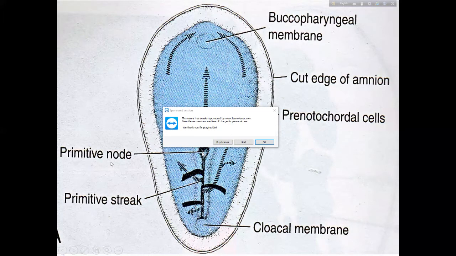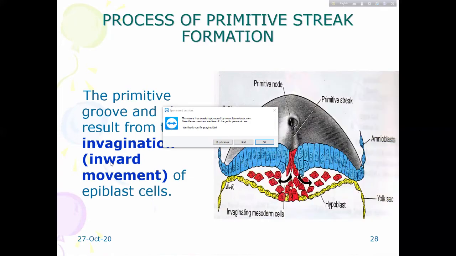Why are the primitive groove and pit formed? I told you, they are formed from the invagination of epiblast cells. There are two terms, invagination and evagination. Invagination means inward movement, and evagination means outward movement. So forget about the evagination, as we are talking about the invagination.